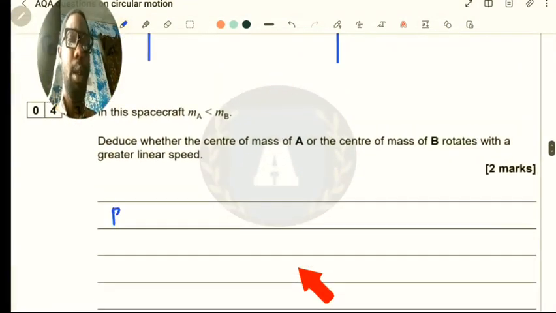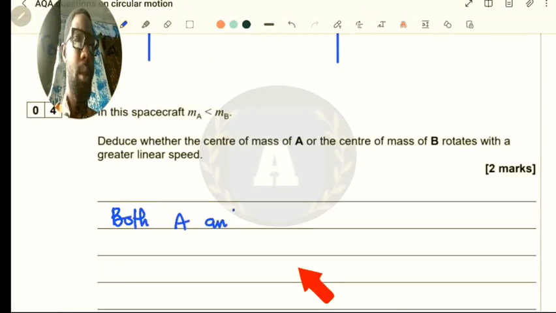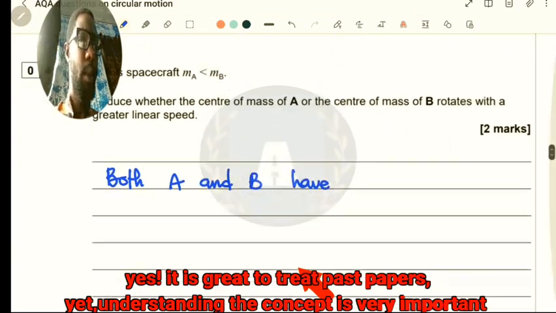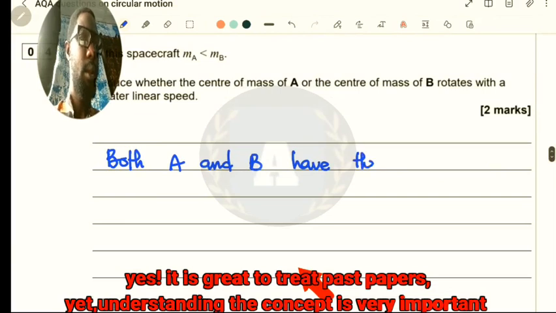So you write that both A and B have the same angular speed.